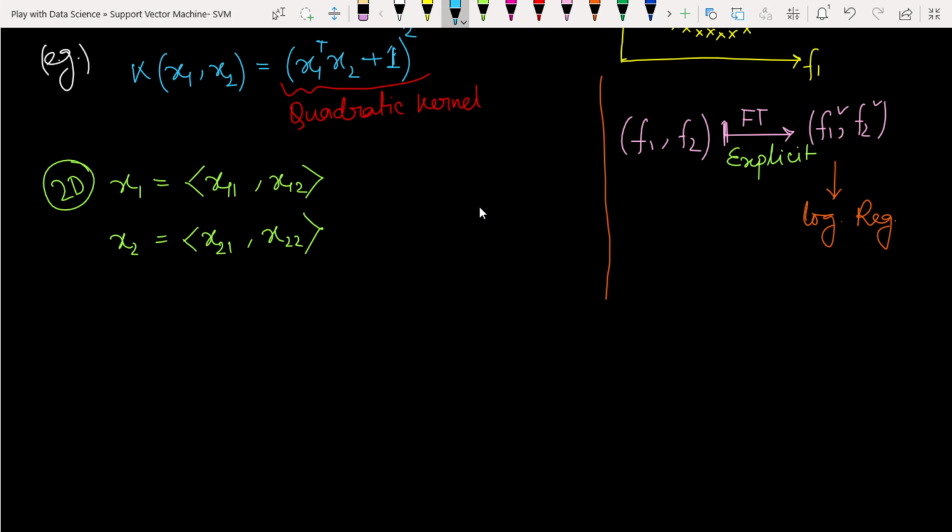I'm first going to multiply these two: x1 transpose x2. What is x1 transpose? If it is a column vector, and in general our data point is always a column vector, then x1 transpose will be like this, x11, x12, and x2 will be a column vector.